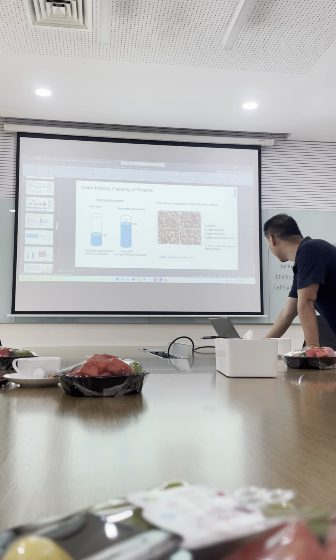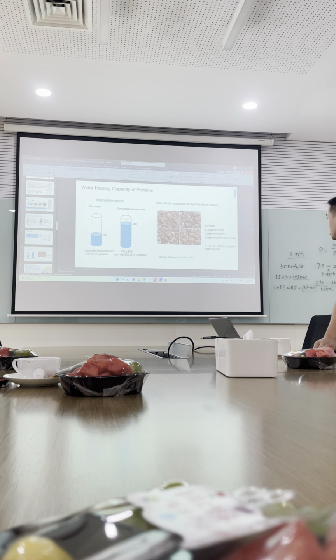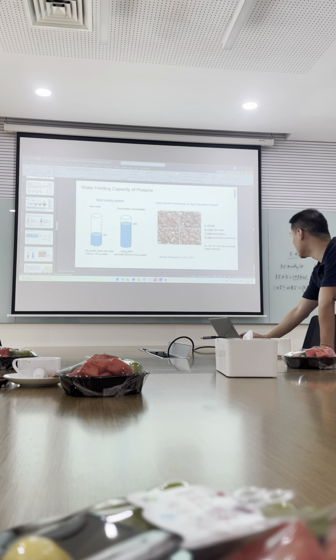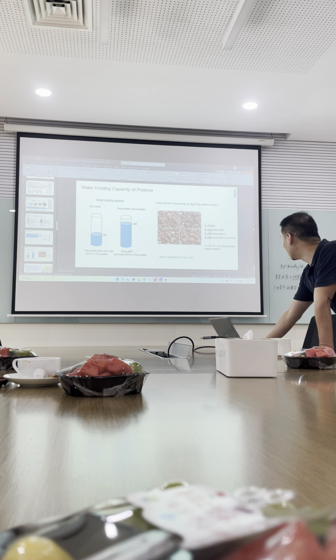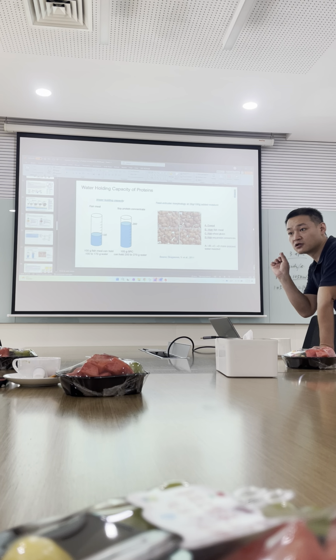You can see here, this is for plant-based protein. Almost every protein in the recipe is from plant-based. And you can see with the same water addition, the surface is not as smooth because it needs more water.